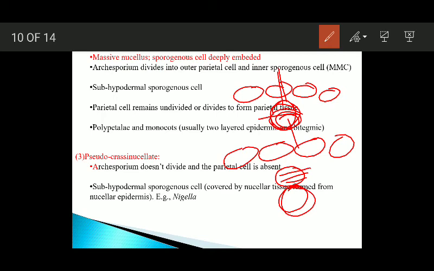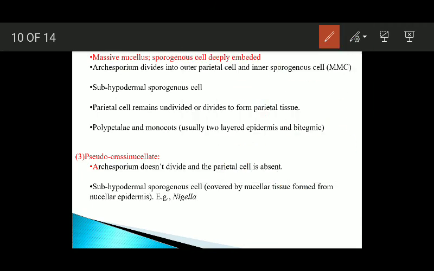When this divides, it forms additional layers and this gets embedded within the nucellus. Such a condition is present in polypetalae, a group of plants, and monocots, another major group of plants.